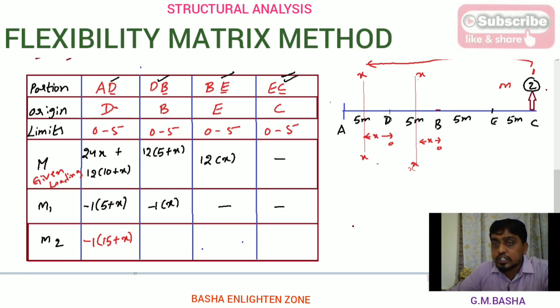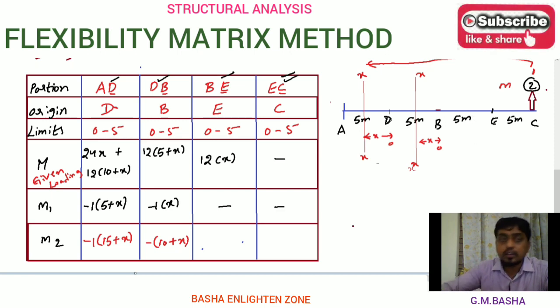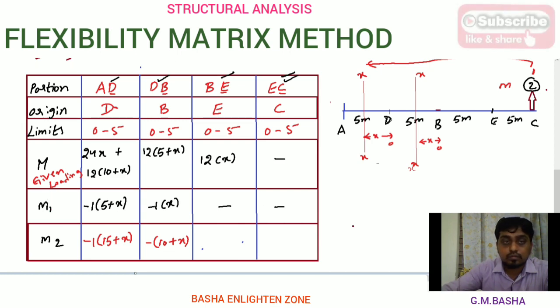Force into distance means 1 into 5 plus 5, 10 plus x, minus 1 into 10 plus x. I am taking directly 10 plus x. Similarly, I will consider a section in the span BE from the origin point E. See here.